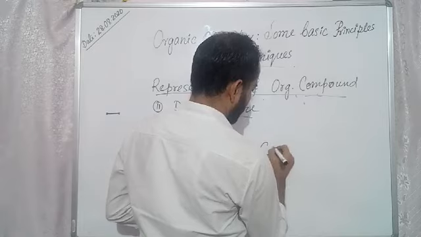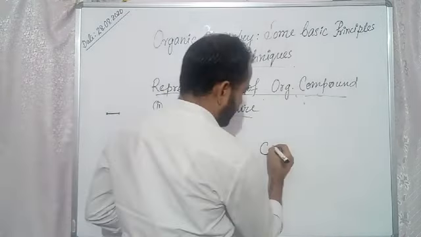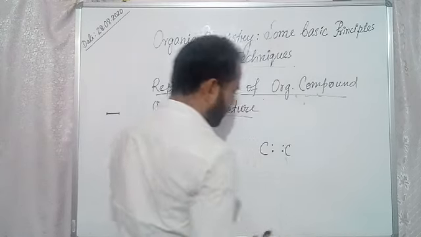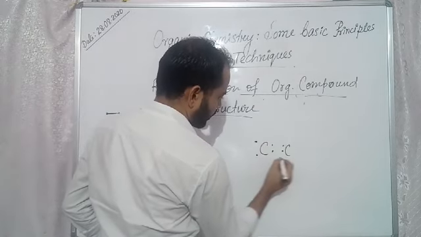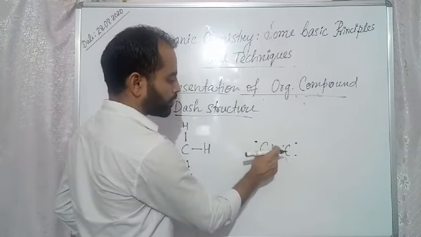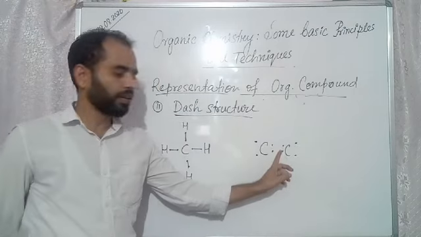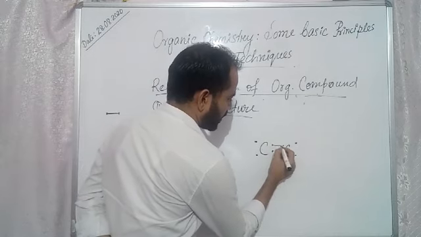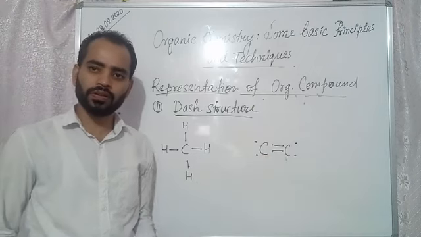As for example, for the ethene molecule, there is a double bond. So a double bond is formed by the sharing of one pair of electrons by each carbon. For this carbon, 4 electrons are 1, 2, 3, 4. And for this carbon, 1, 2, 3, 4. Now, they will share a pair of electrons, which will form a double bond.